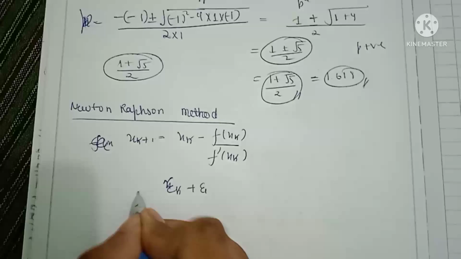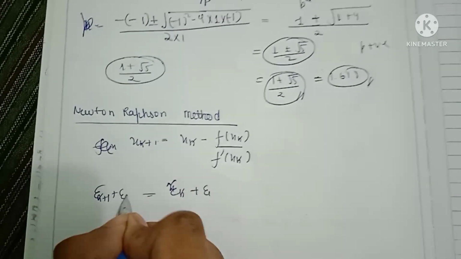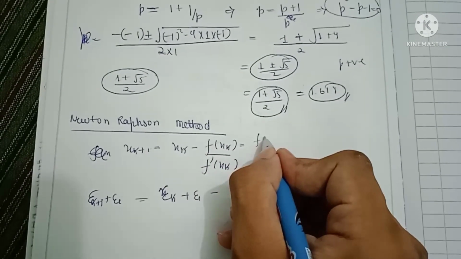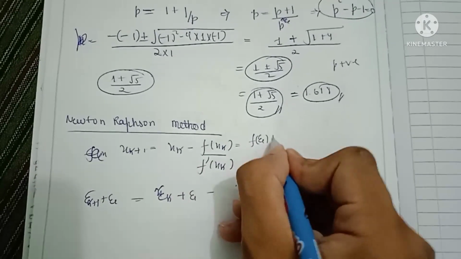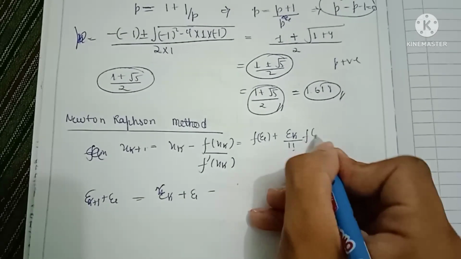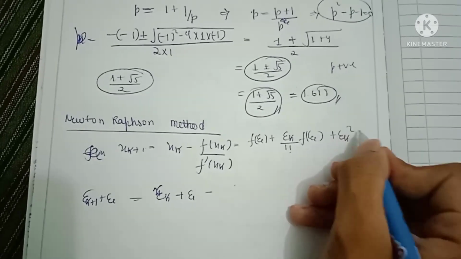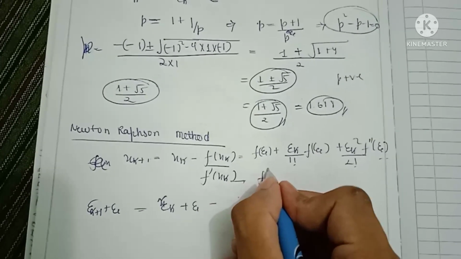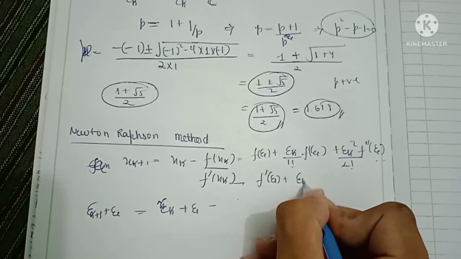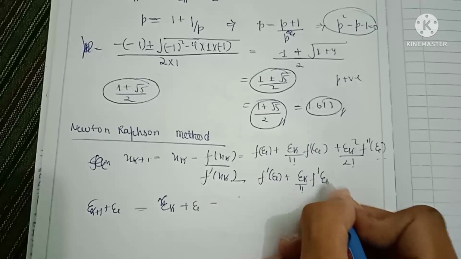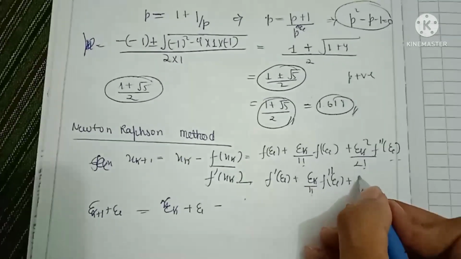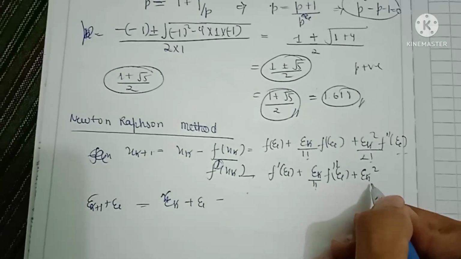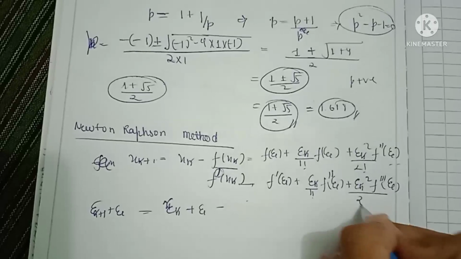Epsilon + e_(k+1) is equal to epsilon + e_k minus f(epsilon + e_k) upon f'(epsilon + e_k). Expanding, f(epsilon + e_k) is equal to f(epsilon) + e_k upon 1 factorial f'(epsilon) + e_k squared f''(epsilon) upon 2 factorial, and f'(epsilon + e_k) is f'(epsilon) + e_k upon 1 factorial f''(epsilon) + e_k squared f'''(epsilon) upon 2 factorial and so on.